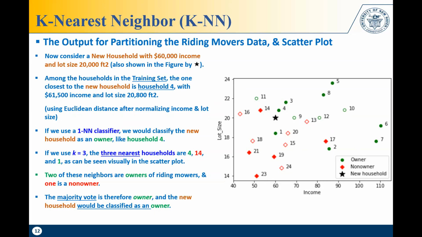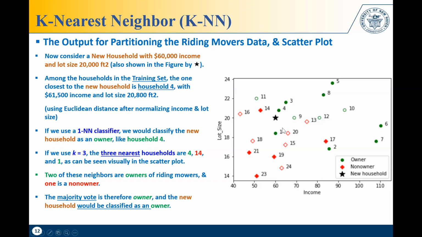Having the scatter plot, if we look at the new household that we introduced to the model, also shown as a black star here, with the 60K income and lot size of 20K square feet, we see that among all the households in the training set, the one which is closest to the new household is household 4, with 61,500 income and a lot size of 20,800 square feet.